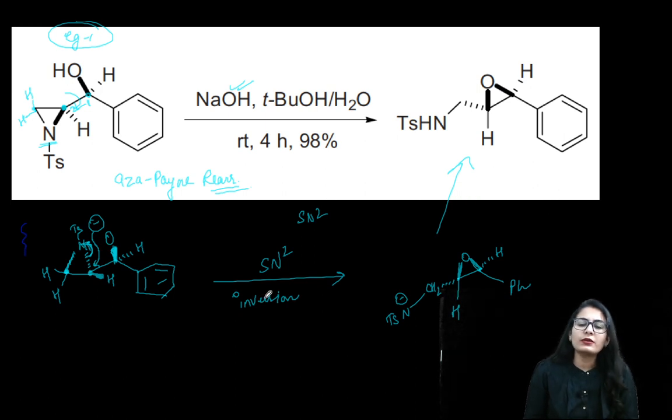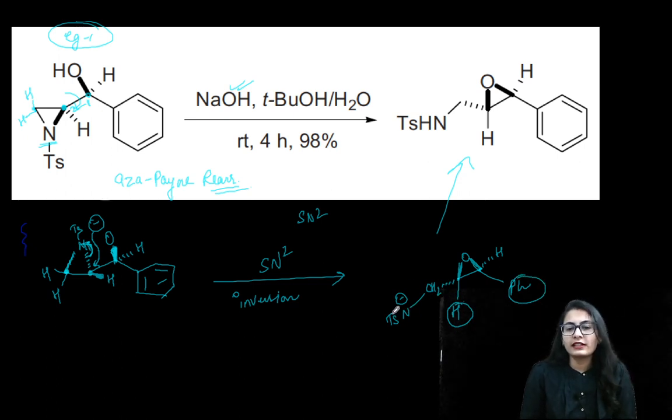Okay, now definitely does it make sense if you just write this bond, linear bond, just a single line over here? No, because already the hydrogen was above on this side. So yes, we are going to keep this on the plane of paper along with the phenyl, and the group from where the nitrogen has left, this whole methylene group CH2 NHTs, all of this is going to stay below the plane, right?